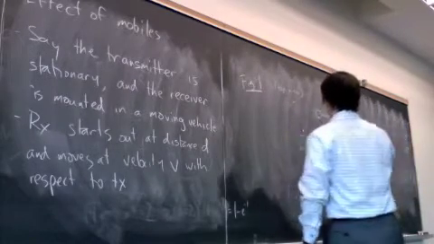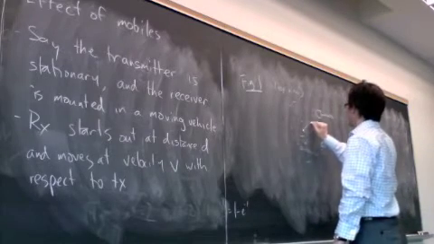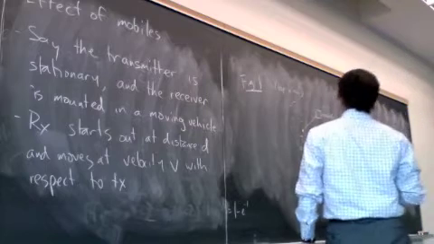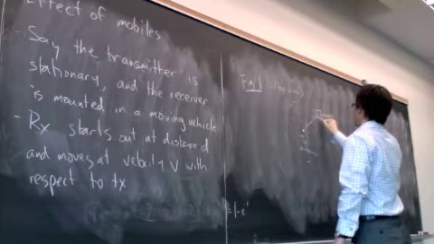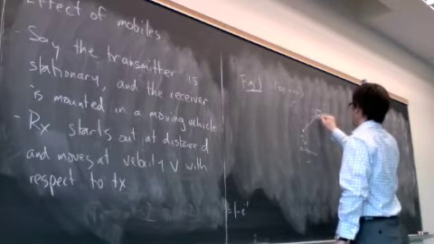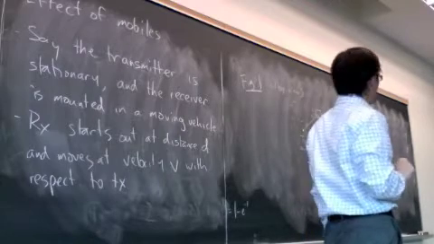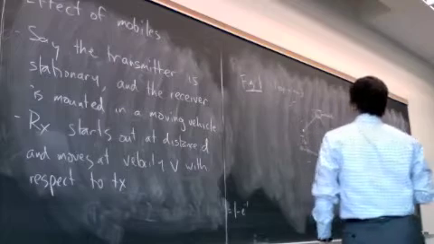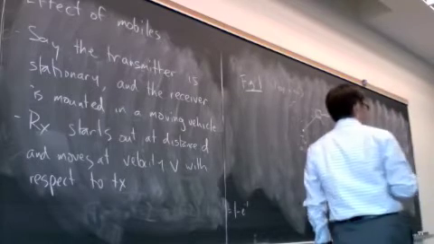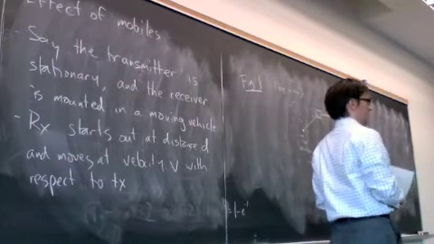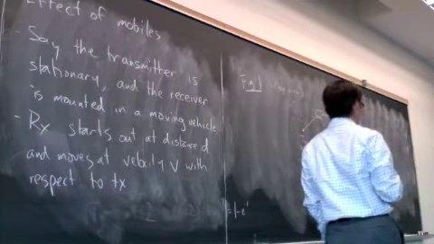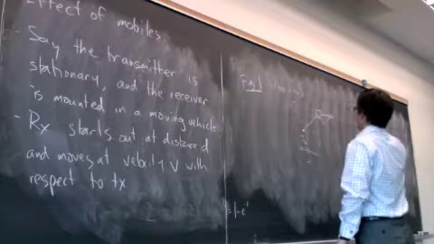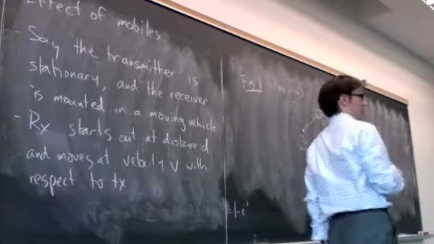So I can break down the motion of my car into 2 components. One component is perpendicular to the antenna, and I don't care about that component because that's not increasing the distance between me and the transmitter. The other component is directly away from the transmitter like that.